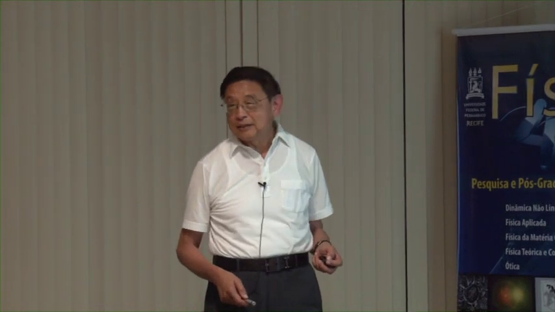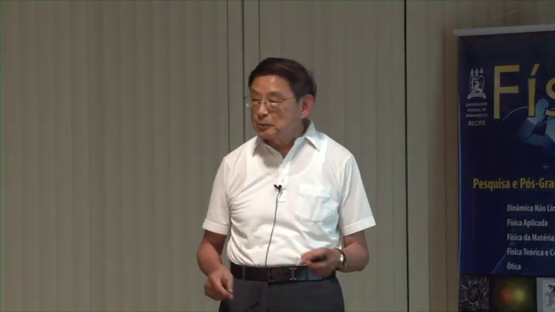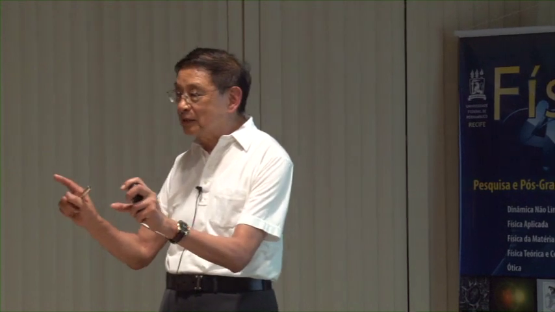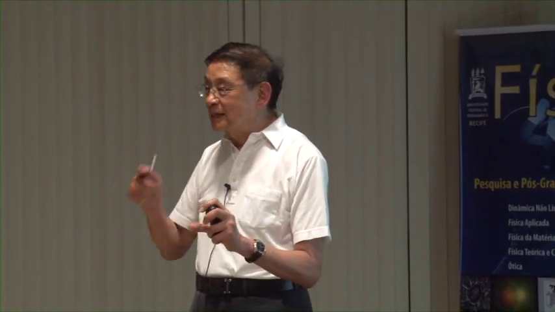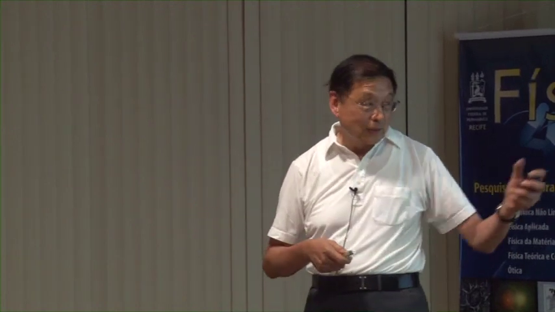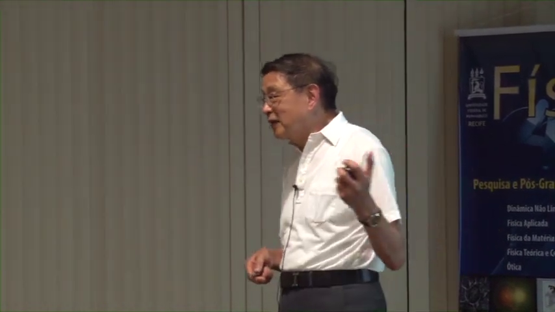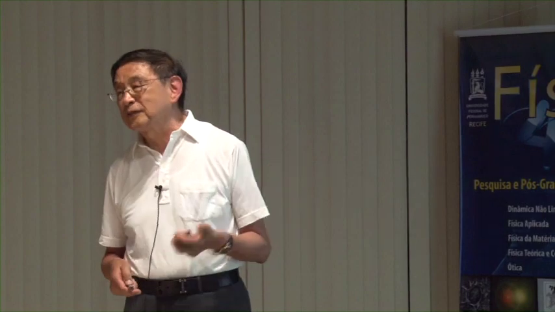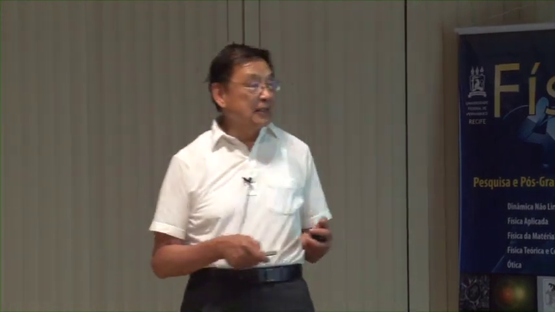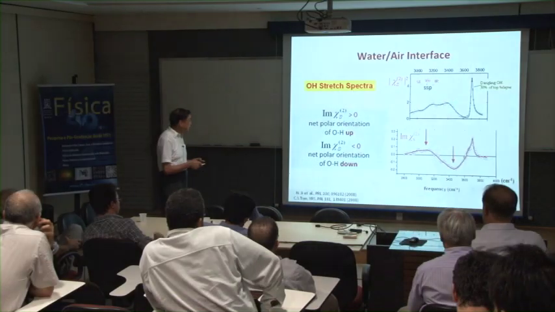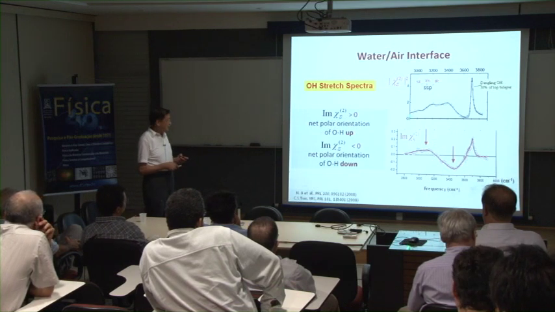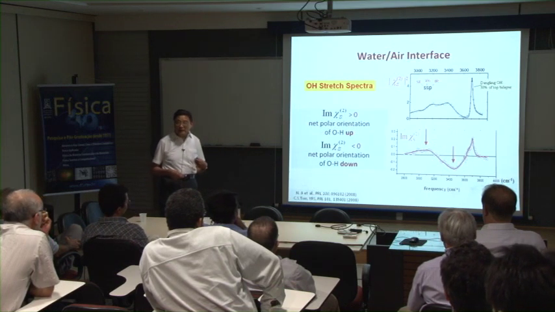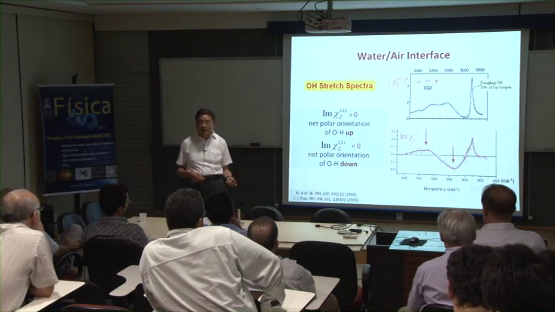With sum frequency spectroscopy, we can actually look at the surface structure of the water interface. And that is the only way to get a vibrational spectrum of the water interface. From the spectrum, especially the imaginary part of chi, this is an example of what I said, that phase information is important.